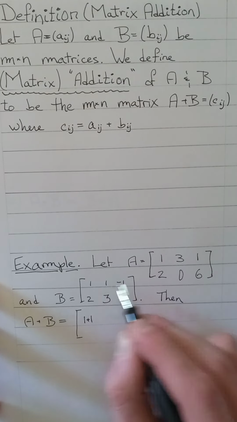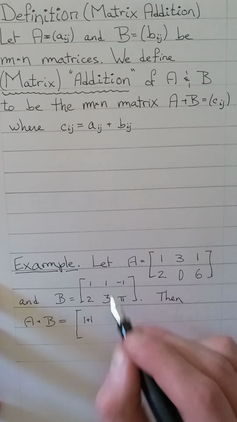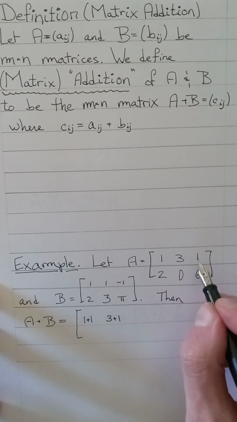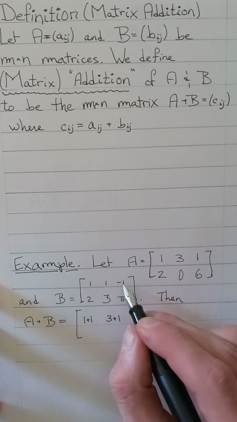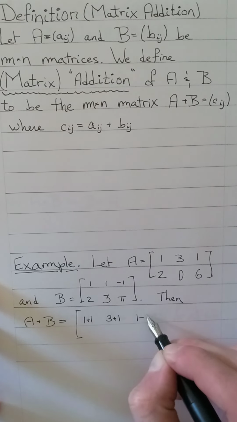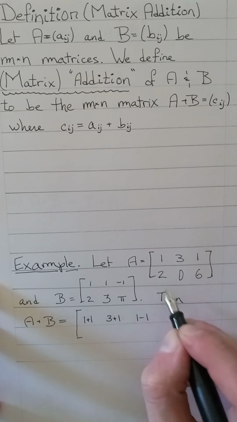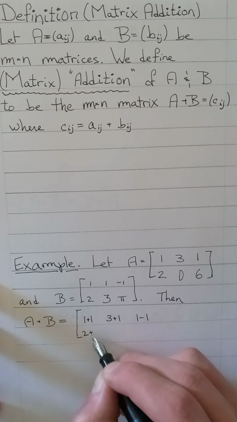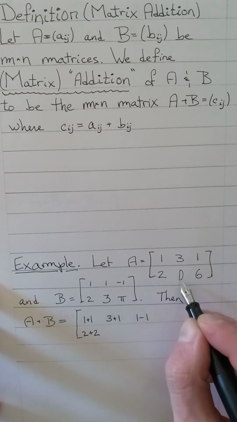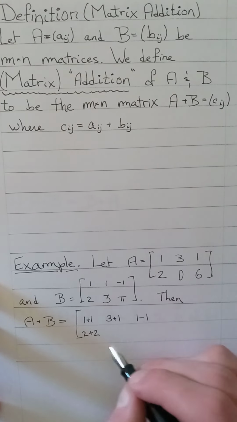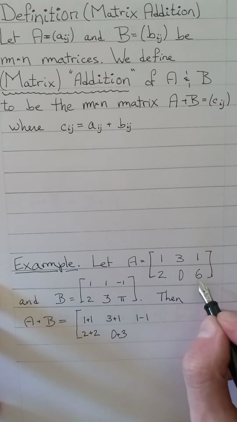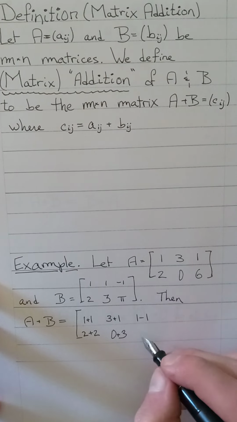The second component is 3 plus 1. And the third component is 1 plus minus 1. So that's 1 minus 1. Now, second row, it's 2 plus 2. The next component in the second row is 0 plus 3. The last component is 6 plus pi.